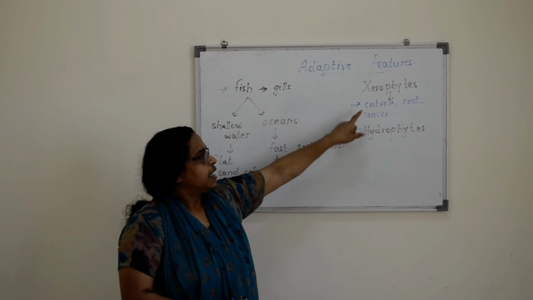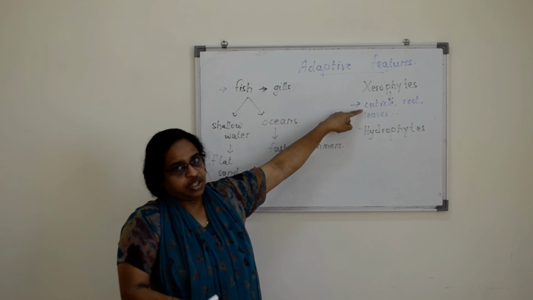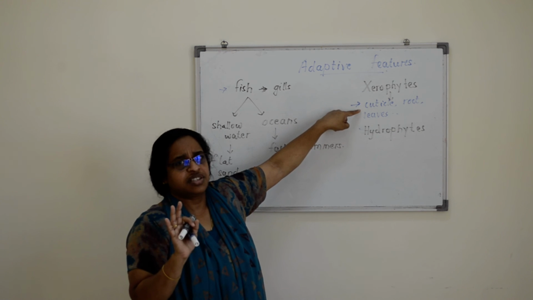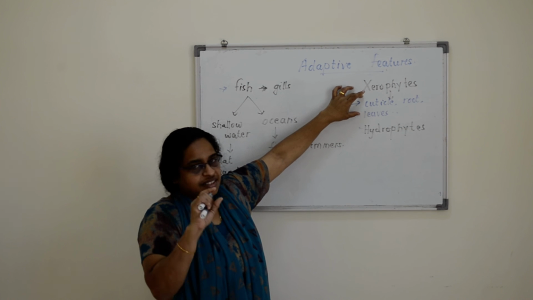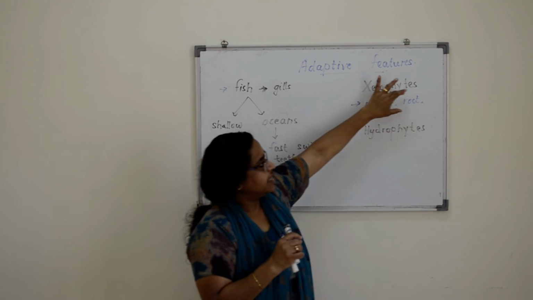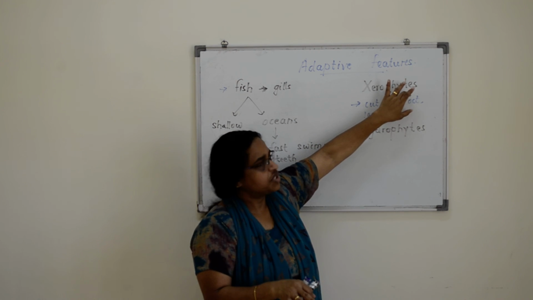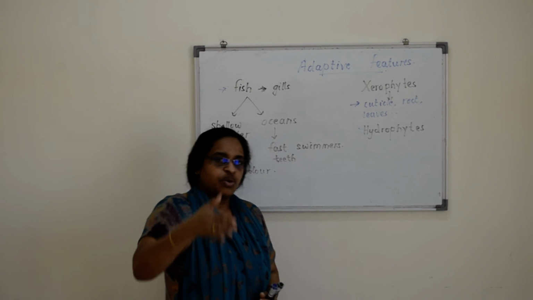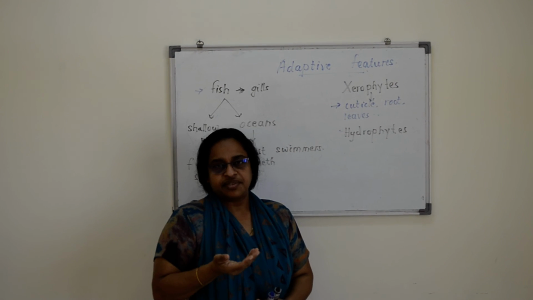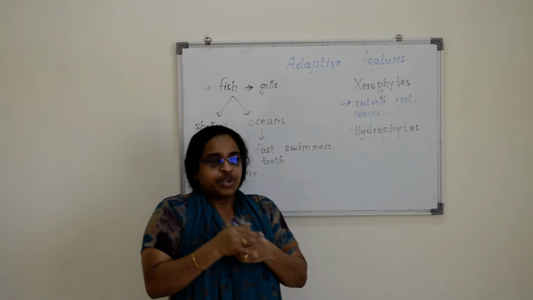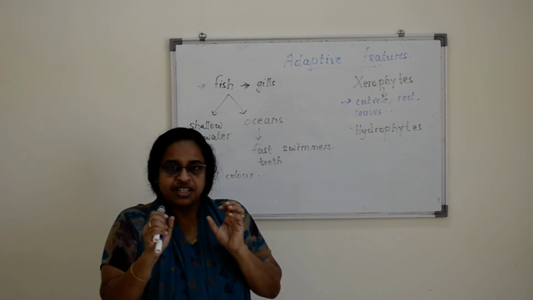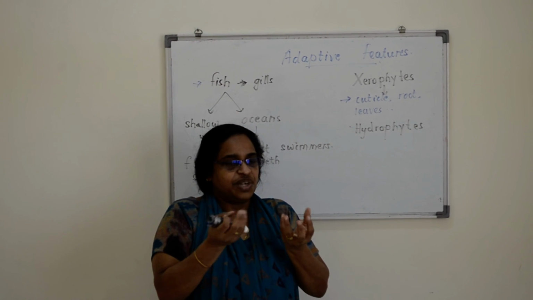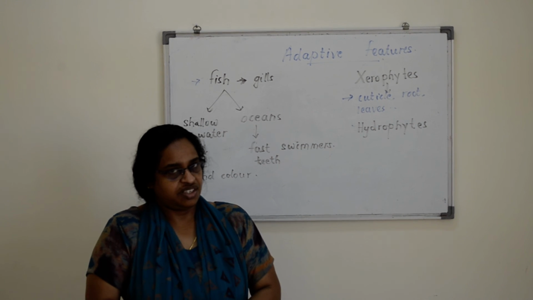So their cuticle is not so thick, because whatever water is lost, let it be lost. So there is thin cuticle, and the roots are not anchored into the soil, and the leaves have stomata on both the upper and lower surfaces, and you can see them floating. That means there are some tissues which have air in them, which help them to float.